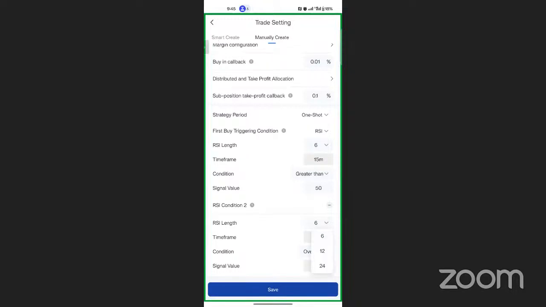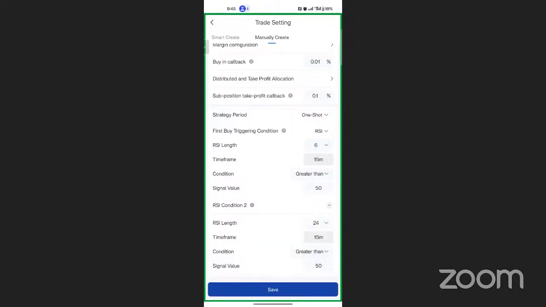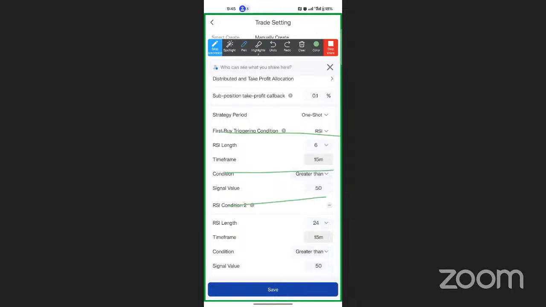I want it to be a little bit slow, 24, 15 minutes, and I want it to be also greater than 50. It means that this coin that I want to pick to trade, I want it when on these 3 lines of RSI, it is above the 50 line. That's the condition I'm saying for my robot to buy.